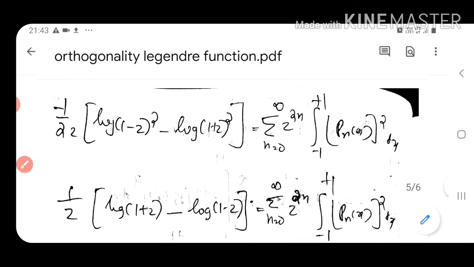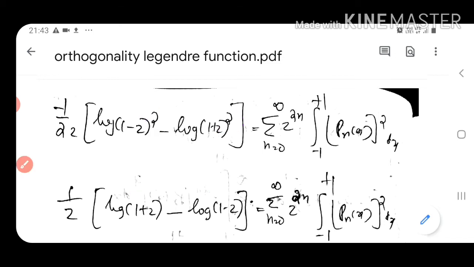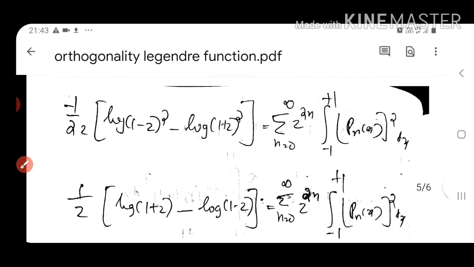Here you have a negative sign, so the log 1 plus z will come here, log 1 minus z will go here. And this 2 here will combine with this 2, and we have this expression.